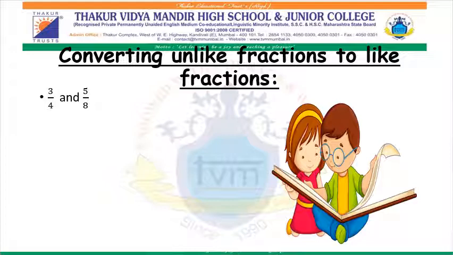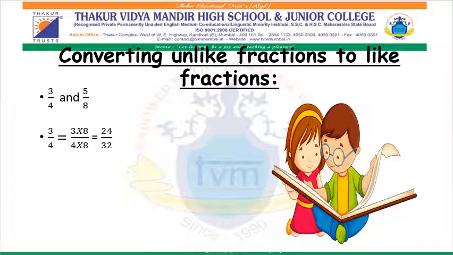Now, to convert them into like fractions, what I'm going to do is I will multiply 3 upon 4 by 8 in the numerator and 8 in the denominator. 8 upon 8 will be equal to 1.